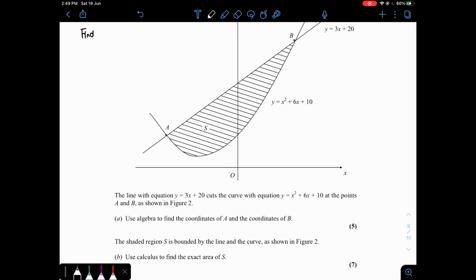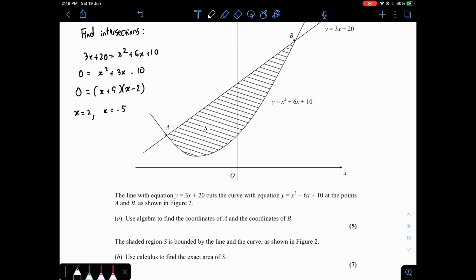That will be 3x plus 20 equals x squared plus 6x plus 10. Move to the other side, so it becomes 0 equals x squared plus 3x minus 10. You can factorize this to (x plus 5)(x minus 2), and you will get x equals 2 or x equals negative 5.